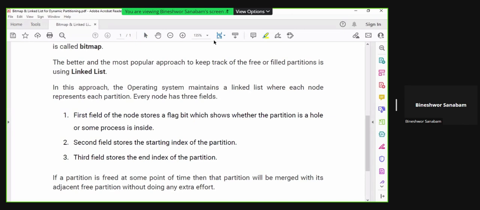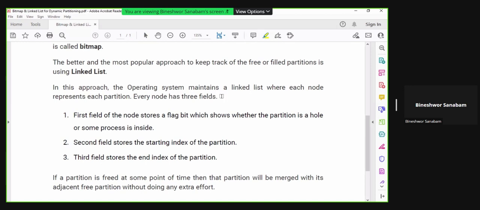So how is the operating system going to maintain the information of the filled or free partitions in the linked list? Here we are going to have three fields.